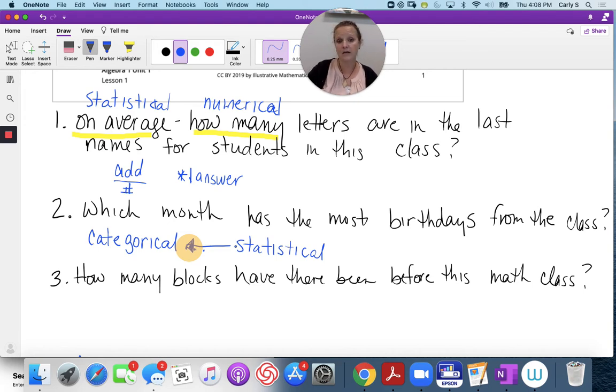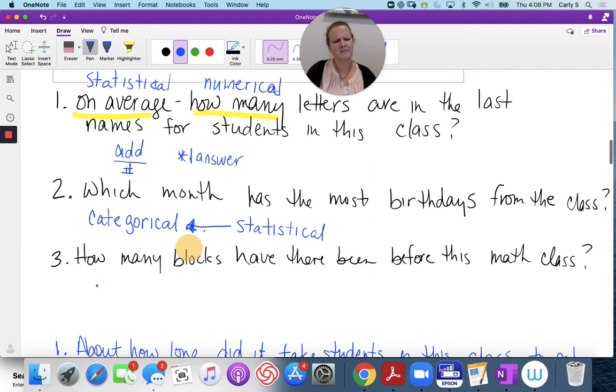How many blocks have there been before this math class? It's numerical, but not statistical. There's one answer.